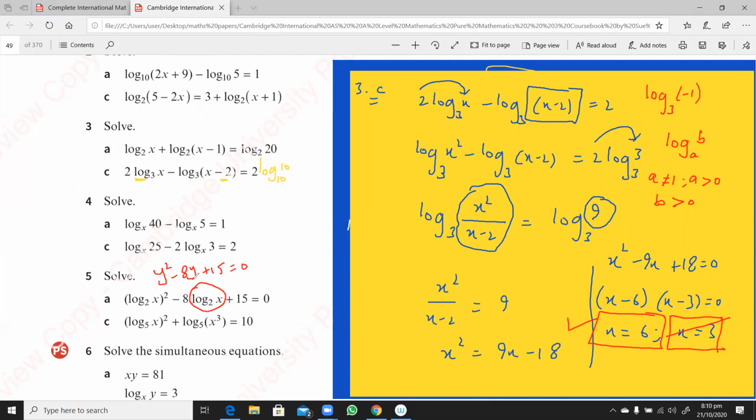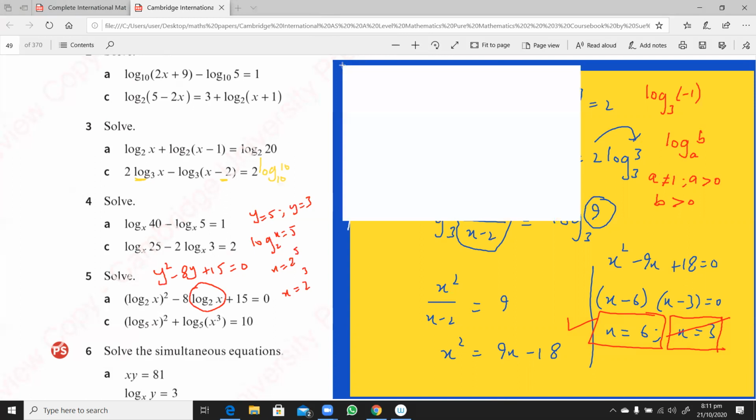So first you will find the value of y, and then you will get that x from there. If I solve this quickly for you, y equal to 5 and y equal to 3. So you will put log to the base 2x equal to 5, so this x is 2 raised to power 5, or this x is going to be 2 raised to power 3. Should I do this question in detail from this fifth question?